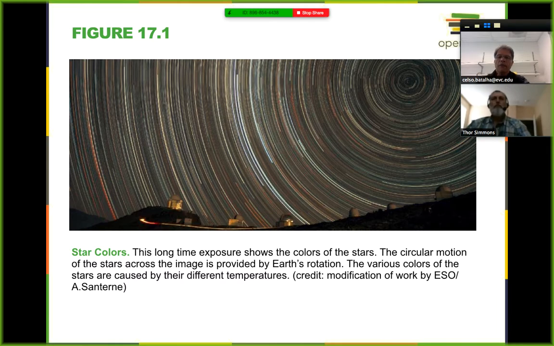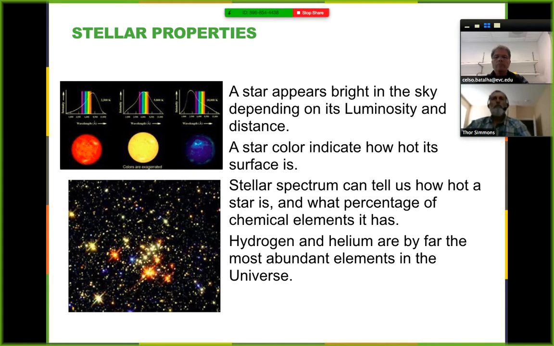So first of all, stellar color. Here I have a picture of a group of stars, and you can see they don't have basically the same color. Some stars are orange or red, and why is that?